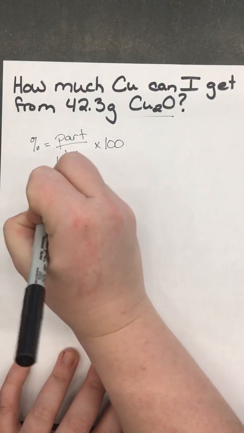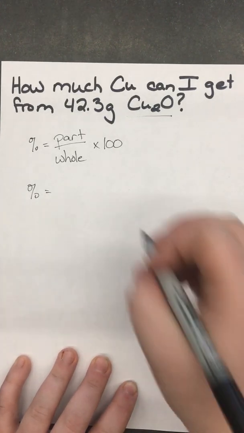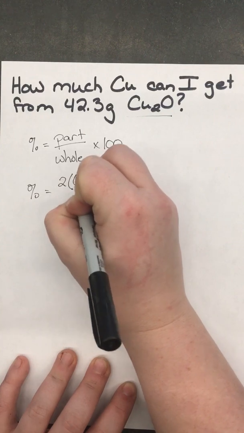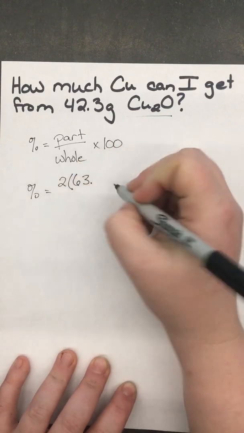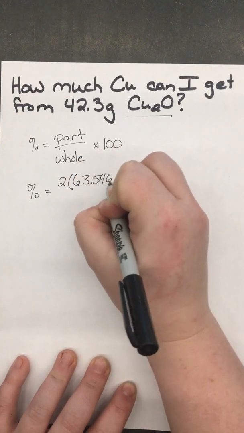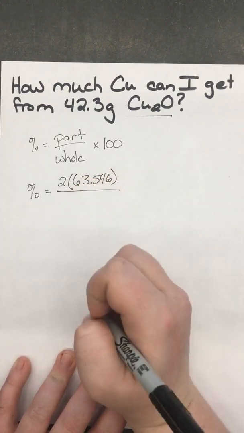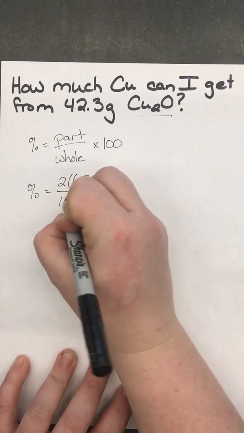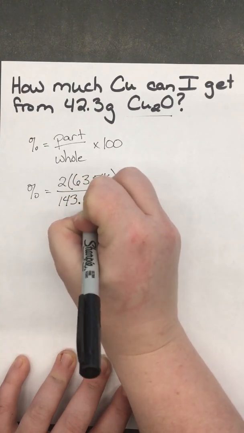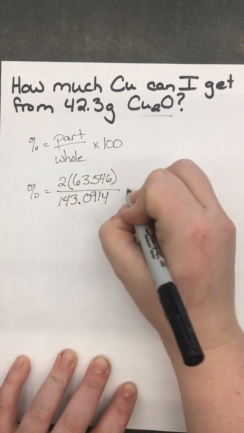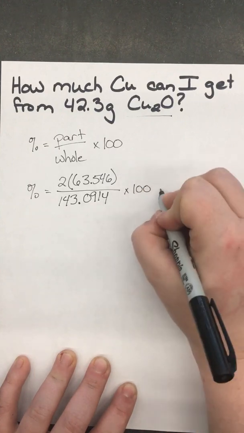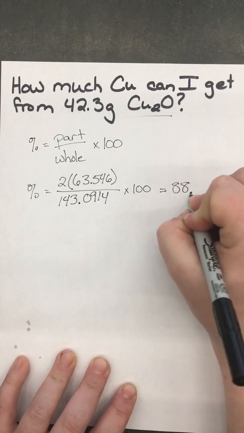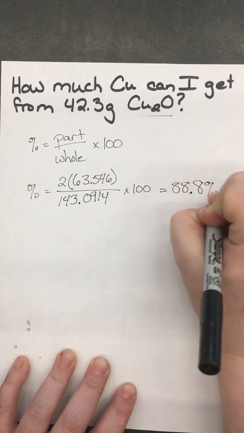So percent equals, now I'm going to look up the molar masses. I have 2 coppers. Each copper is 63.546 grams. And when I add up the 2 coppers and the oxygen, I get 143.0914, which gives me about 88.8%.